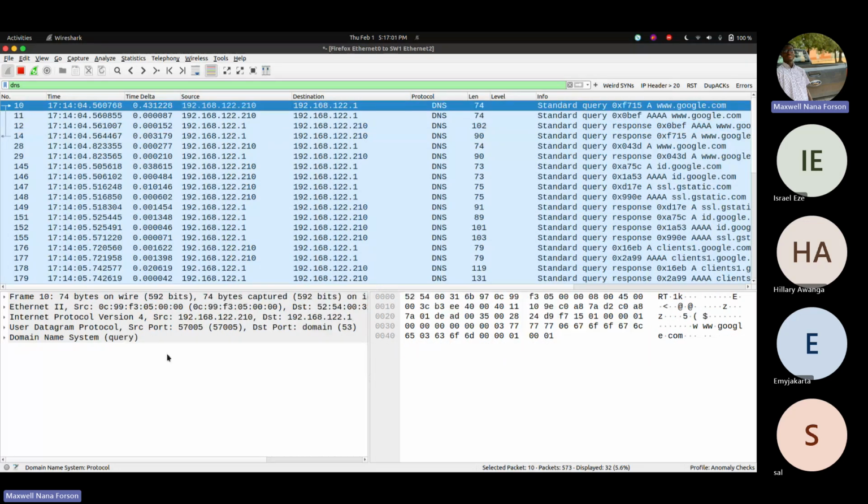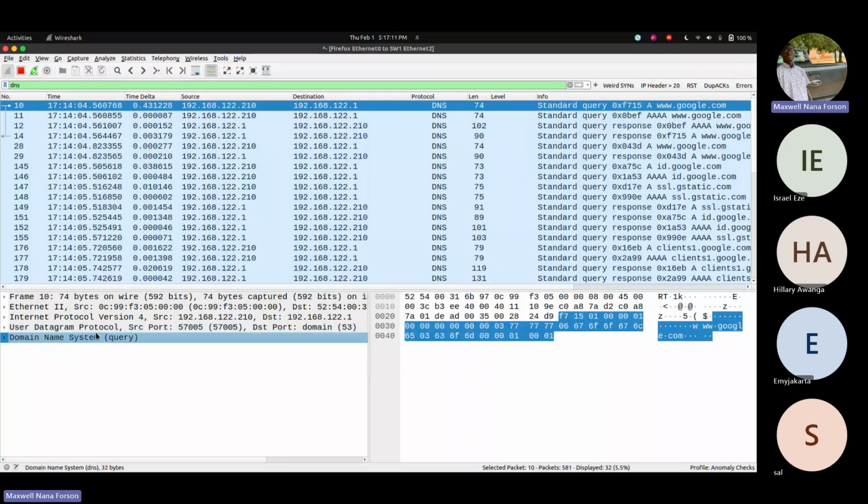So let's start from the top again. Here, what we are interested in is a few things. We are going to be looking at these two places, this place and this place, right? What you should also know is the protocol that these services are using. So DNS uses UDP, okay?